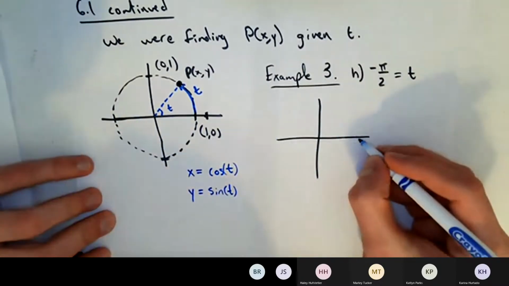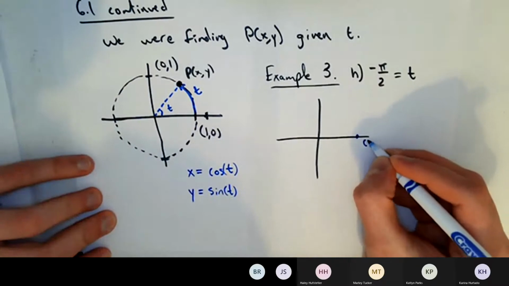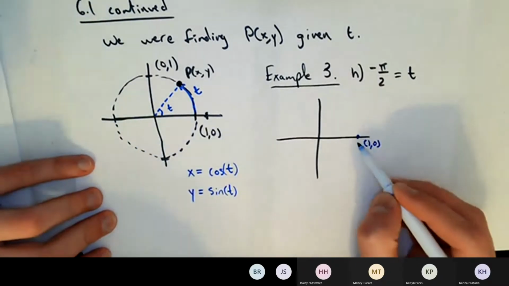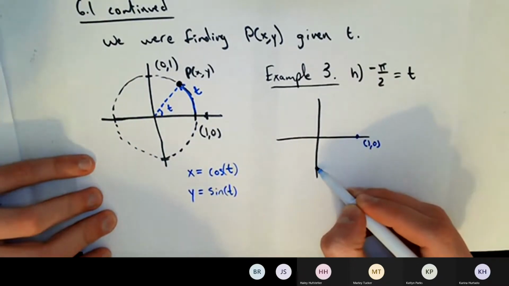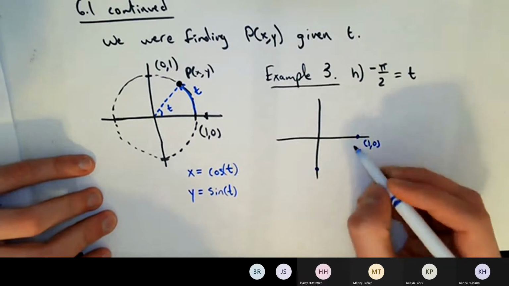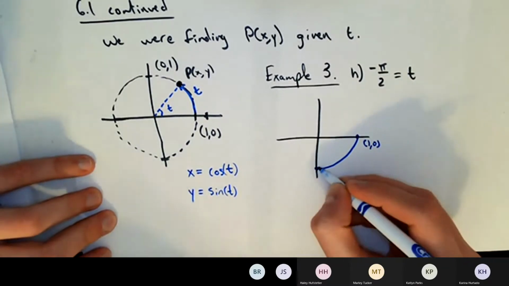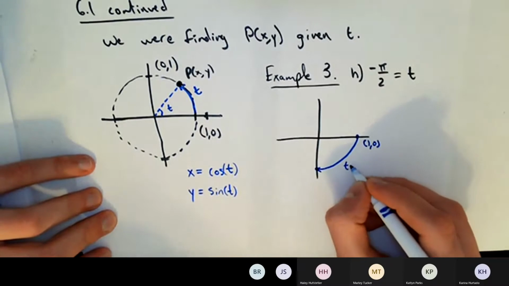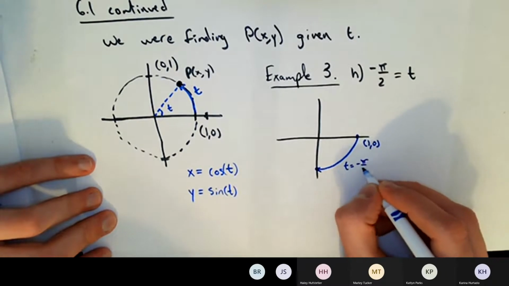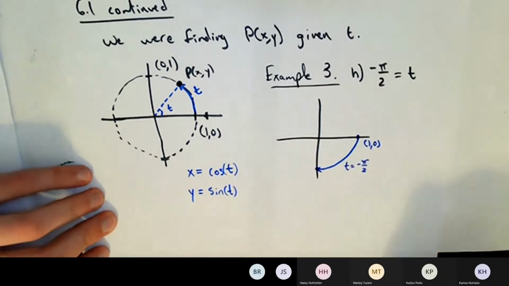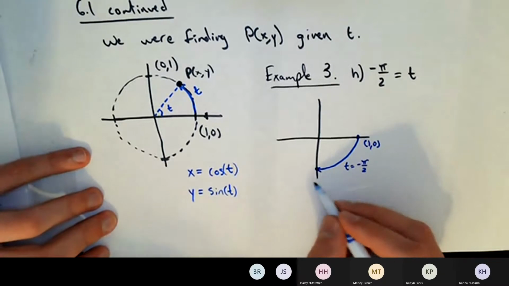I gave you a t value starting at 1, 0, and for part h it goes negative pi on 2, this way. So that's t equals negative pi on 2, and I'm asking, what is that coordinate point?